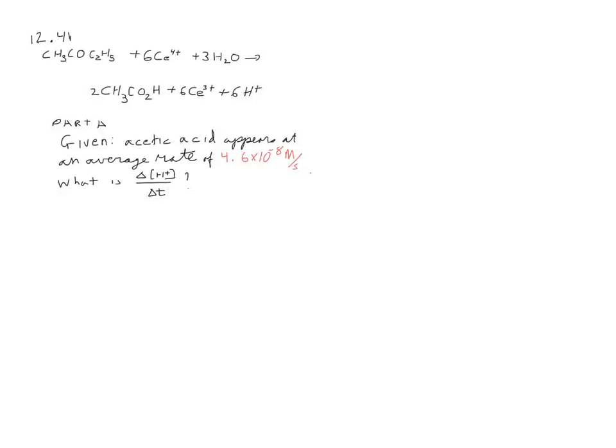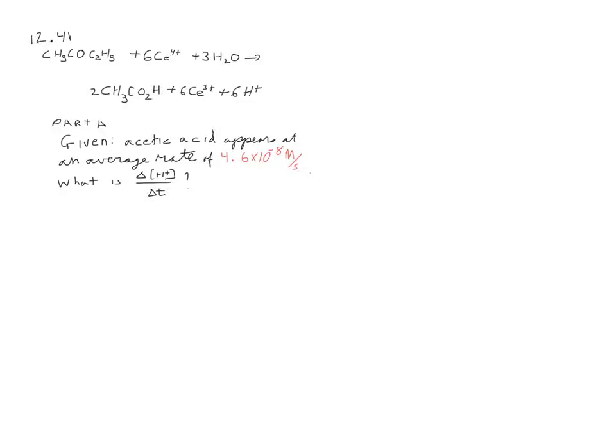All right, let's take a look at 12.41, Part A, where you have the reaction of 2-butanone with 6 moles of the cerium-4 ion plus 3 moles of water to yield acetic acid plus 6 moles of cerium-3 and 6 moles of the hydrogen ion.